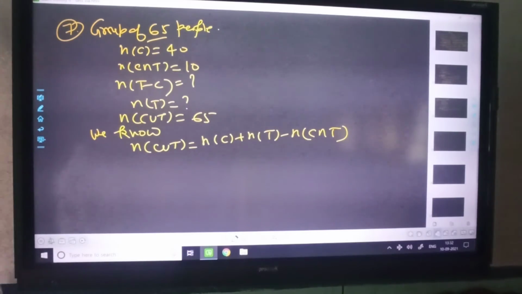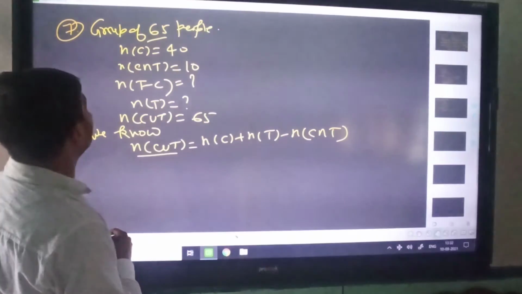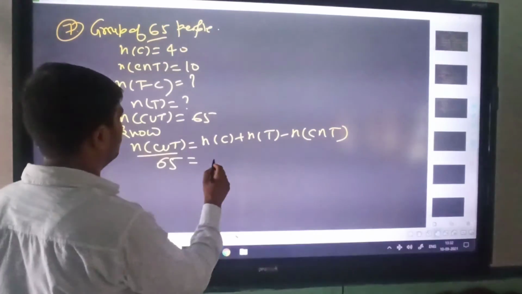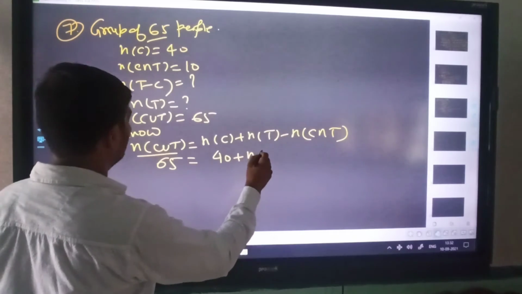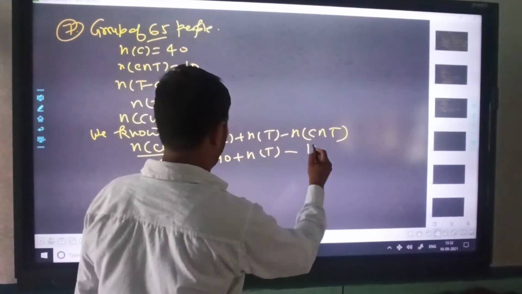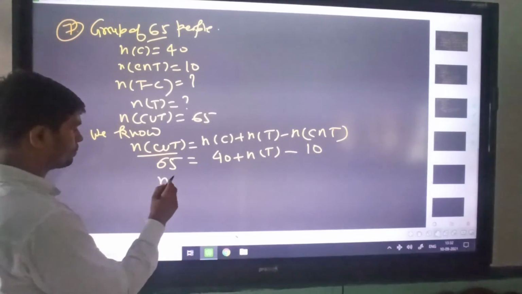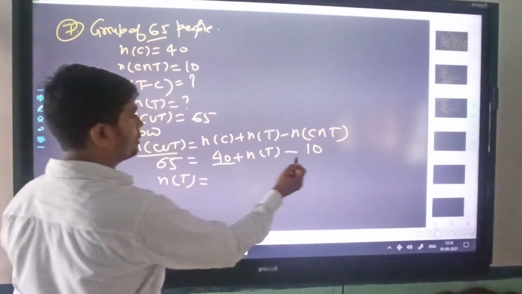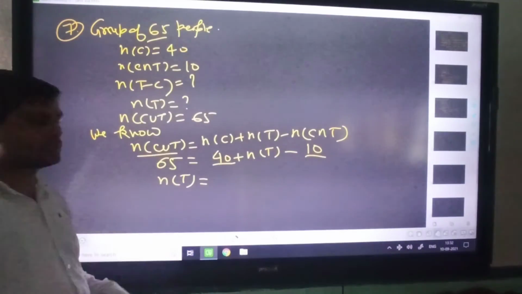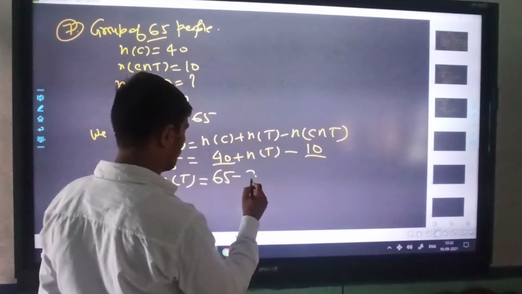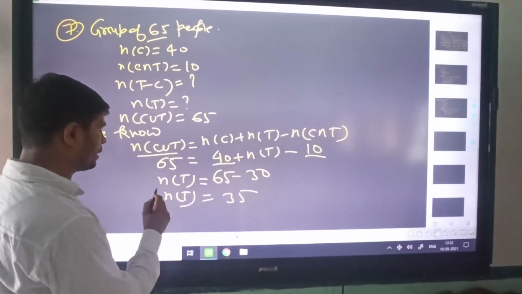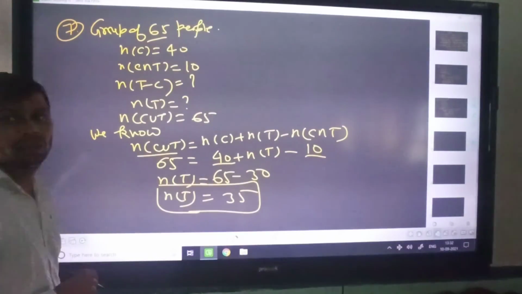So 65 equals 40 plus n(T) minus 10. n(T) will remain as it is; 40 minus 10 is 30. It will go to that side, 65 minus 30 is 35. n(T), the number of candidates who like tennis, is 35.